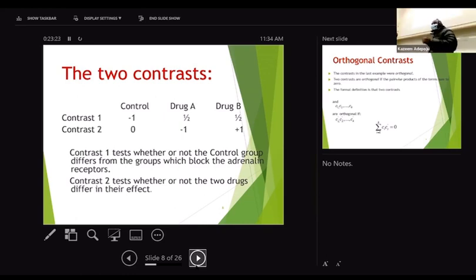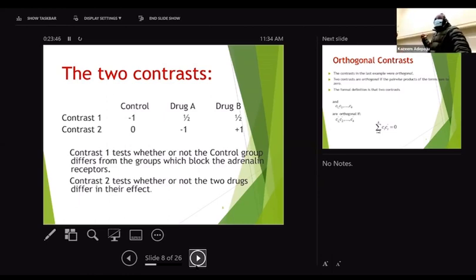Let me also tell you this. Pairwise comparison is a special form of a contrast, which means even within contrasts, we can do head-to-head comparisons too. If you look at contrast 2, the control is 0, right?